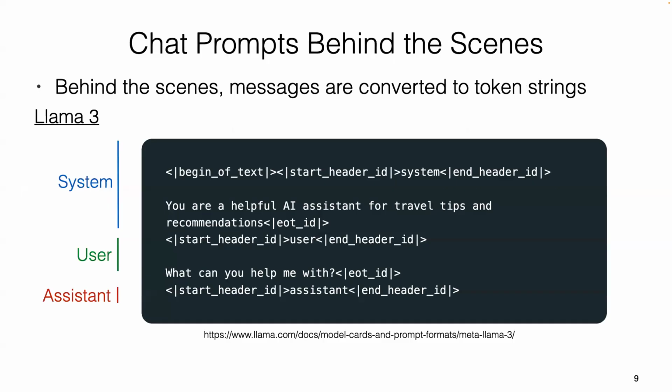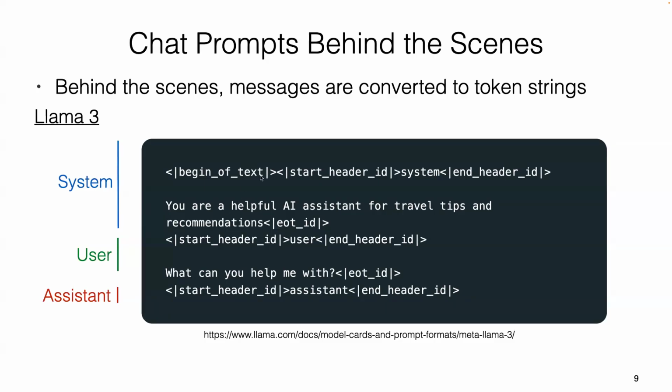So, of course, these language models still just accept and generate sequences of tokens. Although if you're using an API to generate text with the model at a low level, then you might see the JSON.